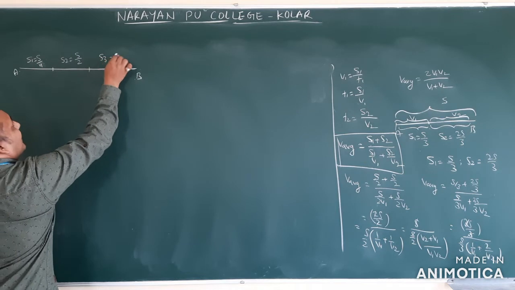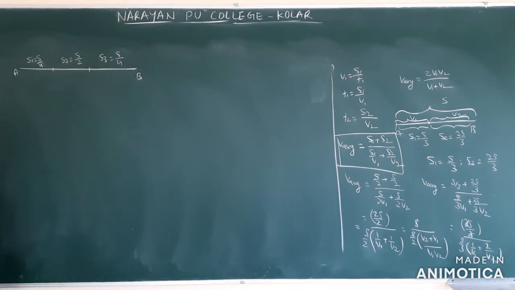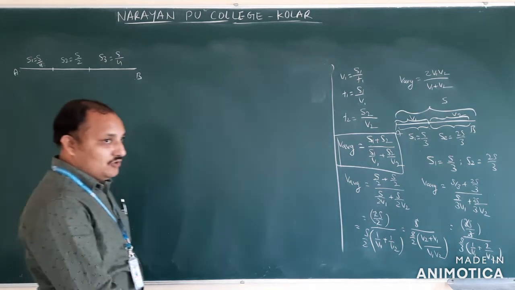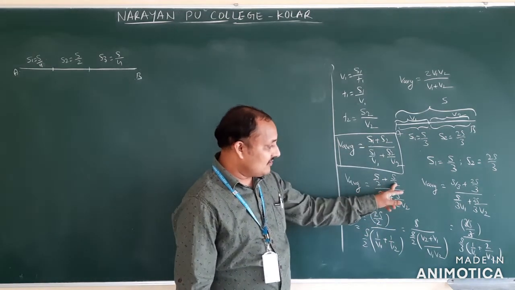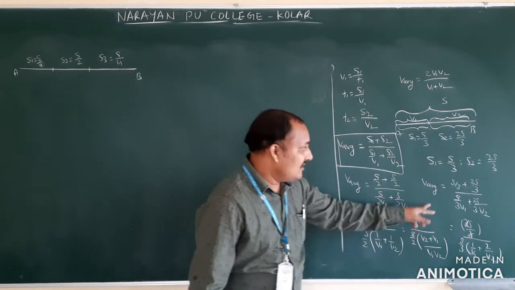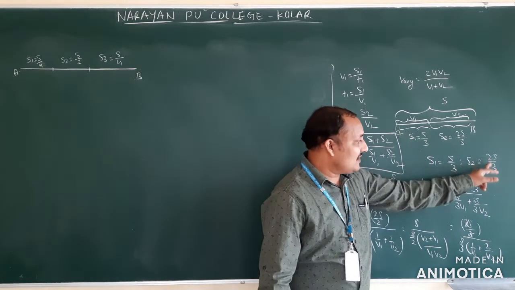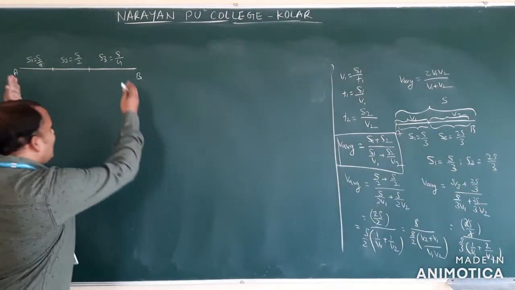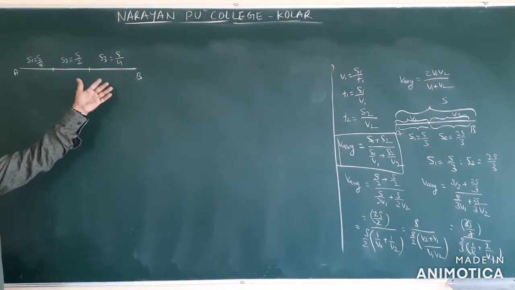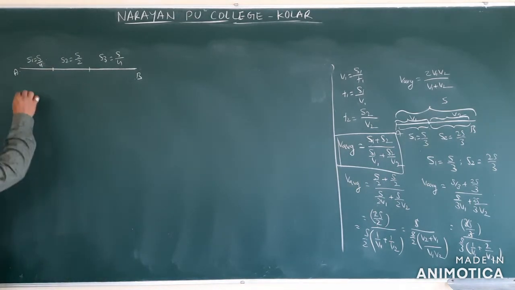And last one they gave again 1/4 distance. We are doing the third time, therefore numerator I will take directly. What you got, s1 plus s2 here? S by 2 plus s by 2, you got finally S. If we add all these, total distance, how much will you get? Again you will get S.